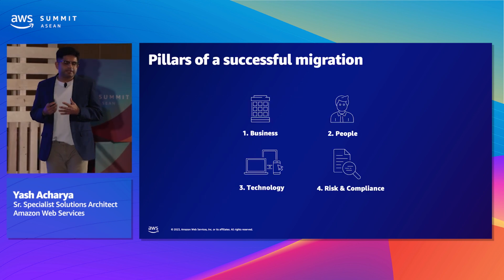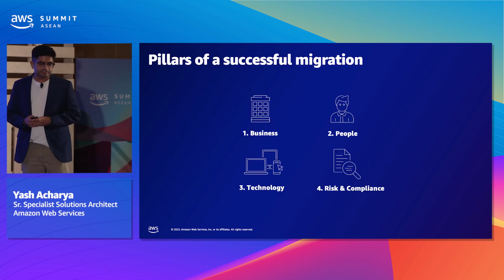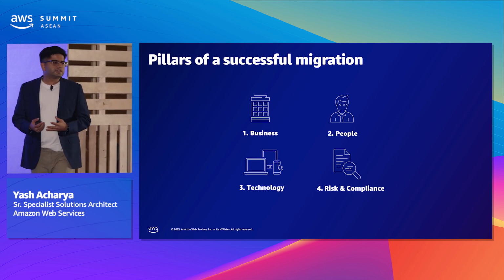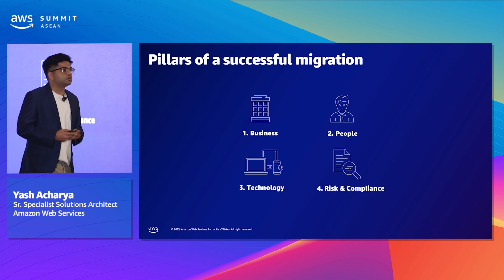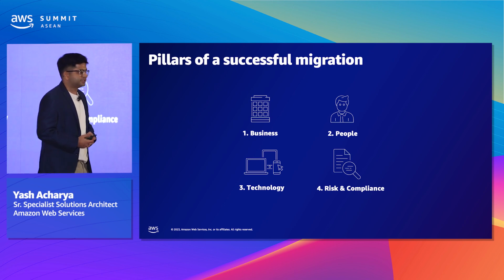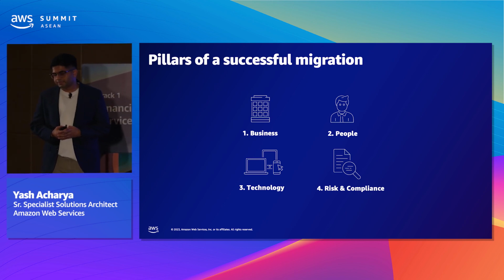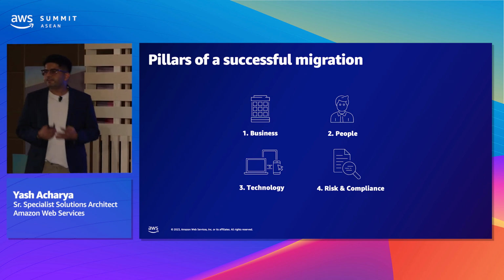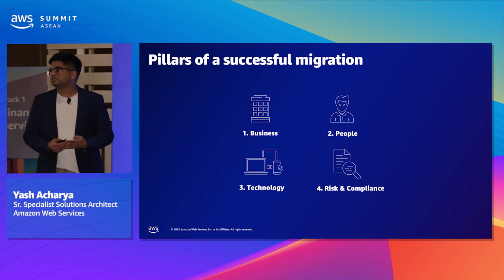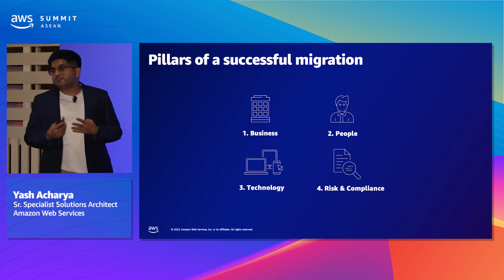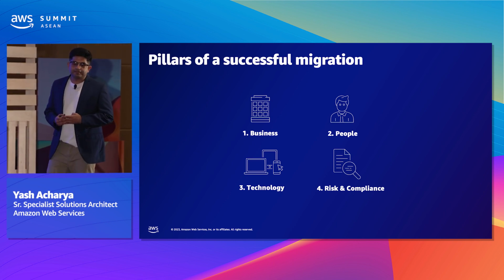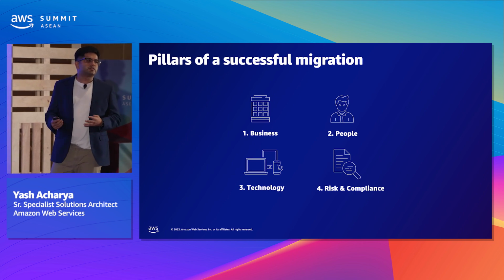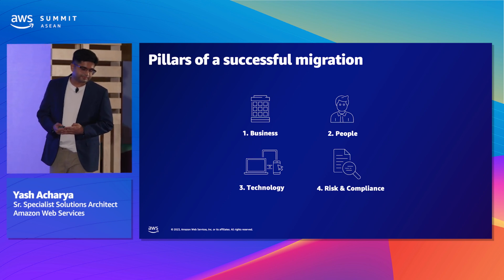Now, looking at the pillars of a successful migration, typically 4 pillars which any FSI would have to concentrate on while they go through an overall transformation journey. First, let's focus on business. Whenever an FSI is planning out a migration journey, they should be aligning the entire program to the business strategy.